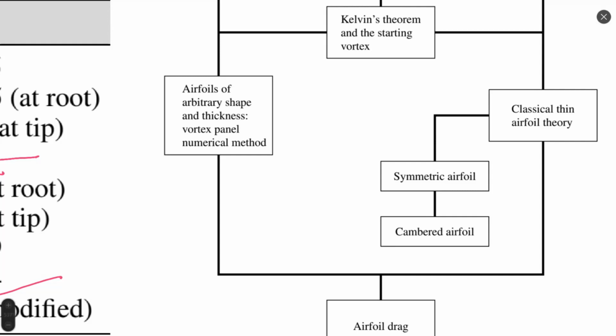Then, applying this to the airfoil, we have two different models. The general one is the calculation of airfoils of arbitrary shape, the most general model to calculate airfoils and obtain lift analytically and numerically. It's mostly a numerical method, because the shape of a real airfoil can be described point by point. The shape of a real, complex airfoil cannot be described by a simple continuous function.